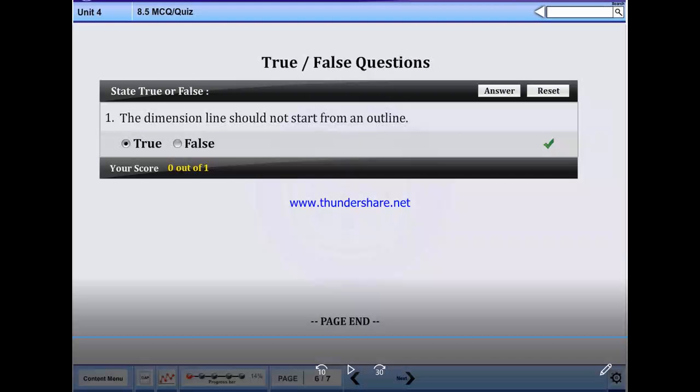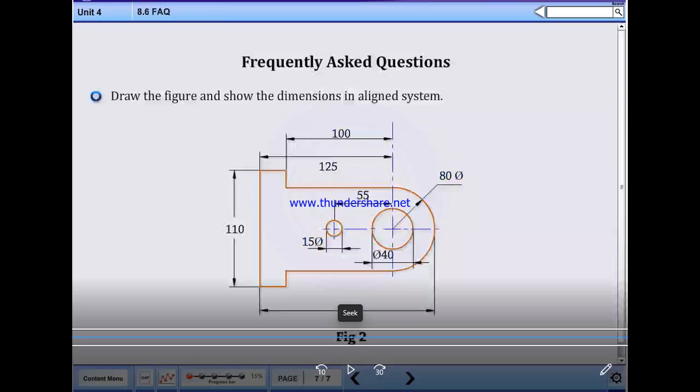The dimension line should not start from an outline. Yes, it is true. Now you note down the frequently asked questions.